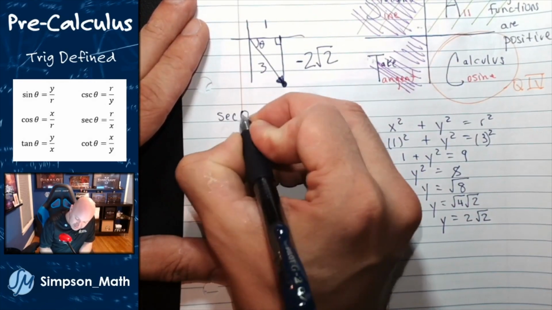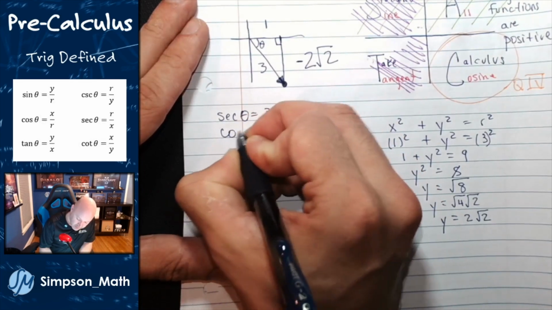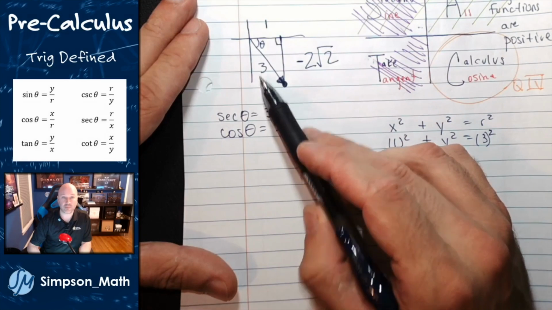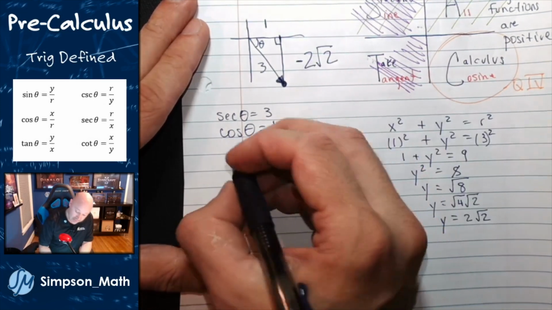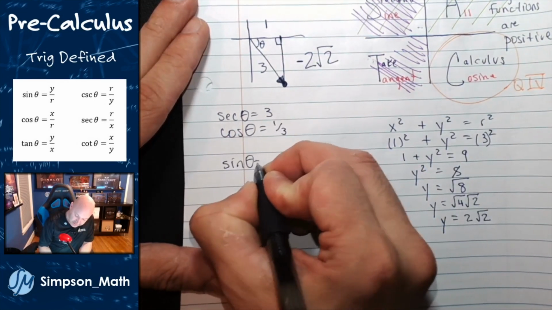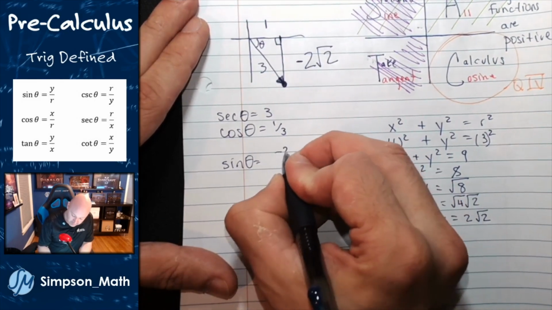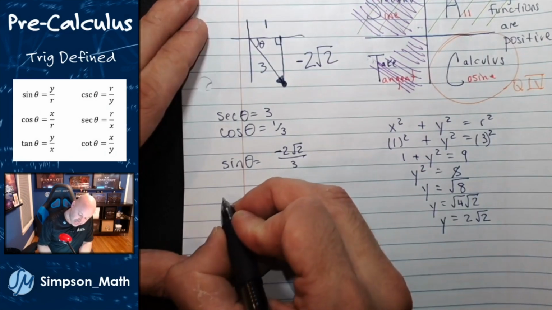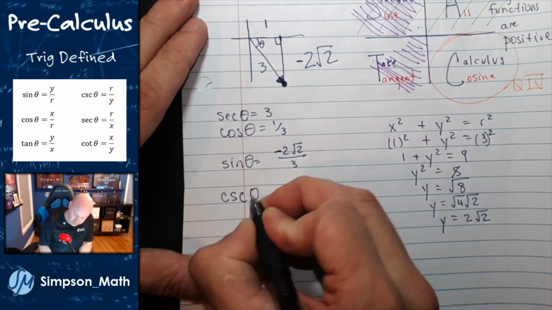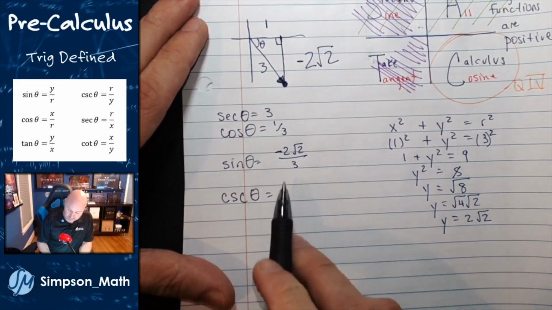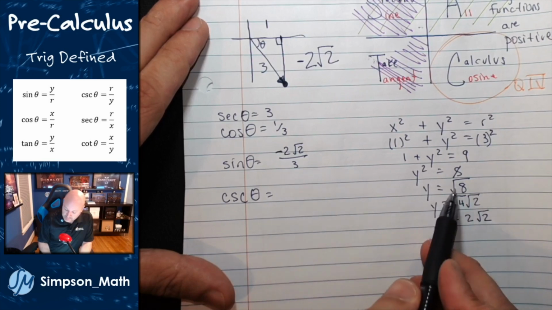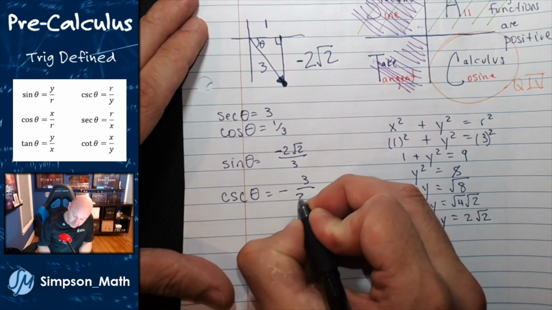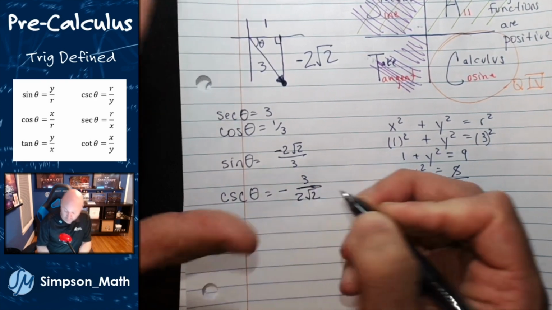If secant of theta is 3, then cosine of theta is 1/3. 1 over 3. X over r. Sine of theta is defined as the y value over the radius. Cosecant is the reciprocal. I'm going to flip this over. 3 over 2 root 2.